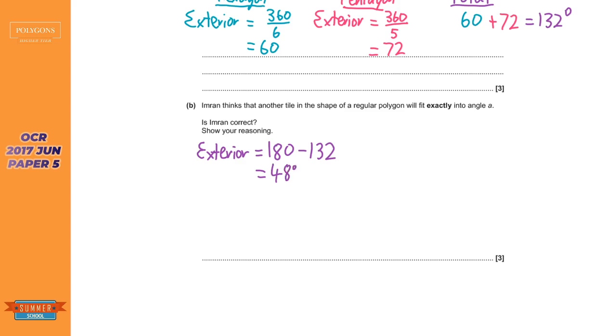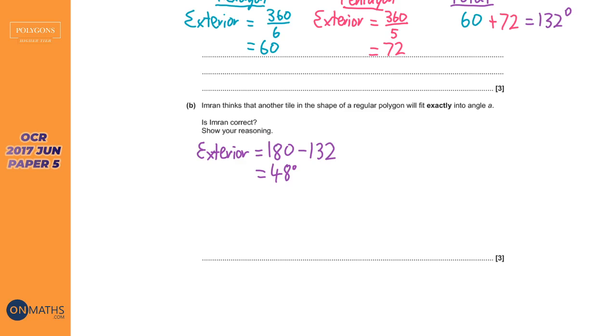Now, we use the same formula as we did before, but this is a non-calculator paper, because OCR's paper 5 is non-calculator. So we're going to have to do this without a calculator, which is, I think, the challenging part of it. So we just need to see whether 360 is a multiple of 48, because if it is a multiple, then it works perfectly.